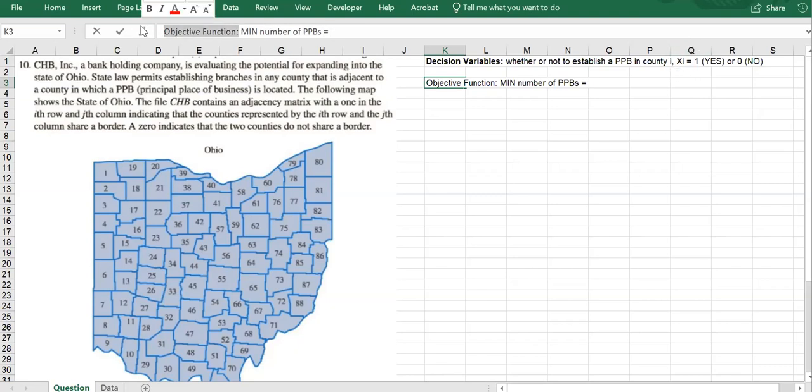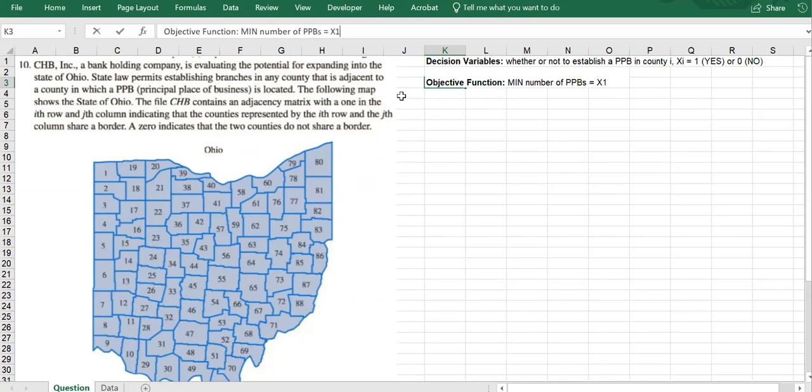If each decision variable is 0 or 1, and you add them together, for each PPB that you establish in any of these regions, that number is going to go up by 1 unit.